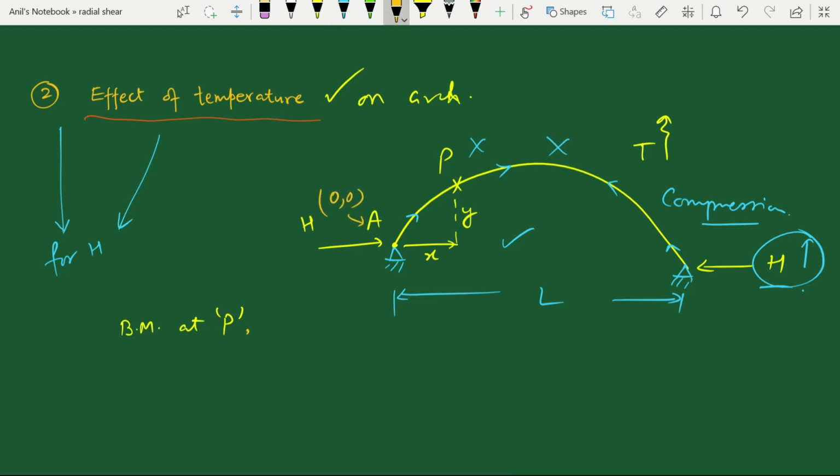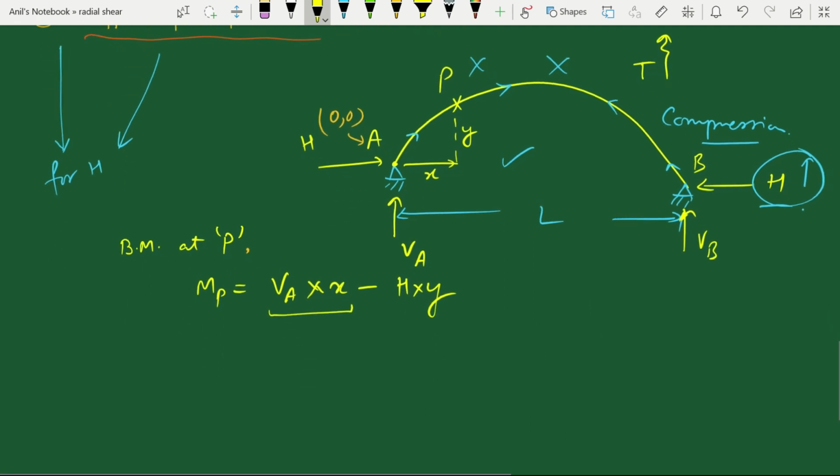So bending moment at P is given by this formula: VA is the reaction at A, at B we have reaction VB, so MP will be VA into x minus H into y. So what is VA? It is simply the beam bending moment at P.